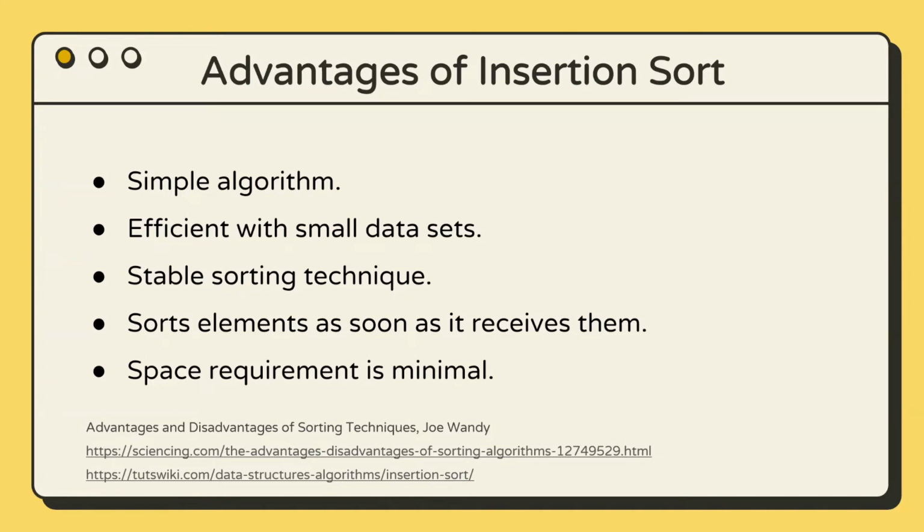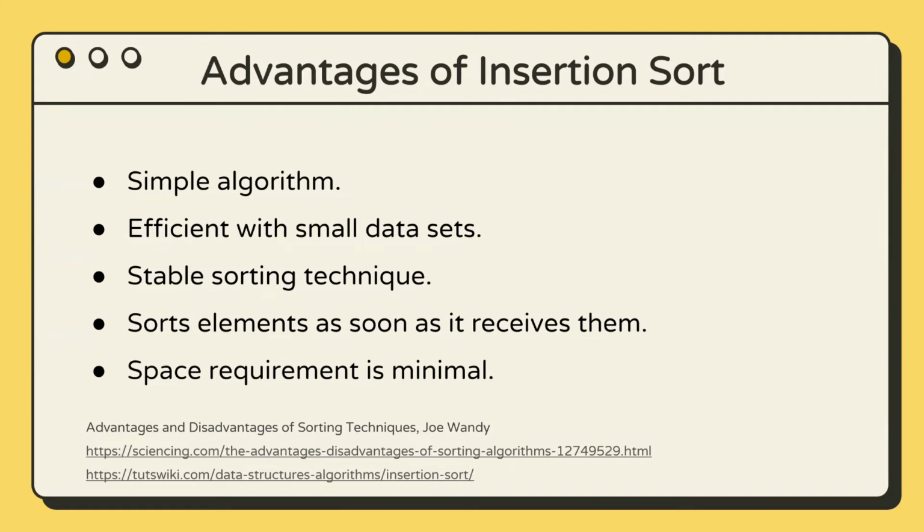So if you were to make an alphabetical list of the classes, without a stable sorting technique, it would mix up the classes, but it would still be alphabetical. While with the stable sorting technique, it will be an alphabetical list of class A and then an alphabetical list of class B. So it separates them.